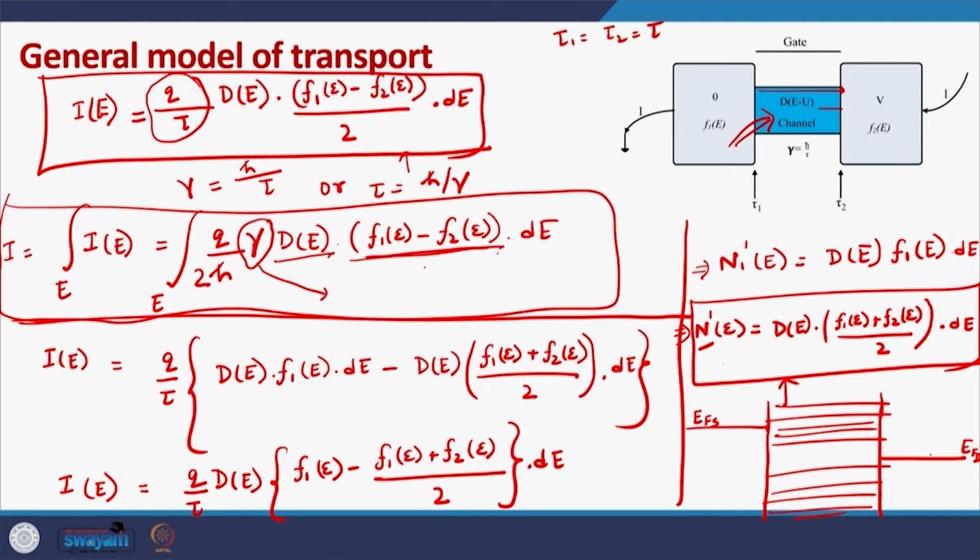Similarly, if the electron travels from here to here, they do not reflect the electrons back. What it essentially means is that this junction between the contacts and the channel is as perfect as it can be, which is practically not the case always.